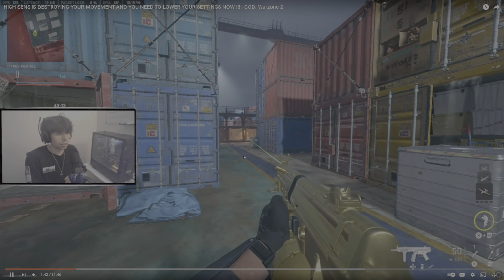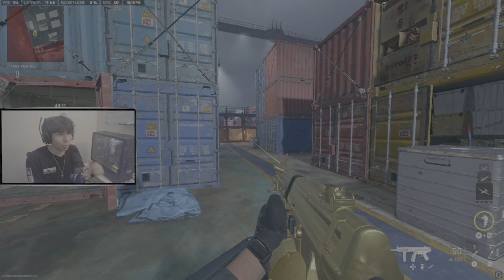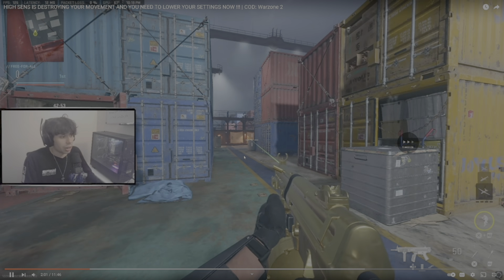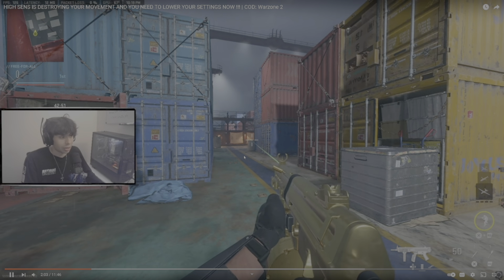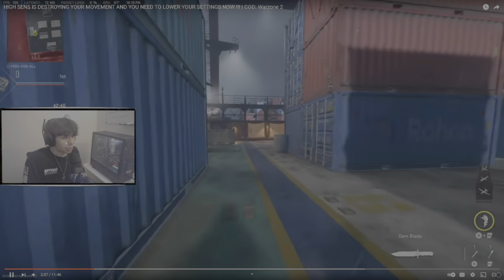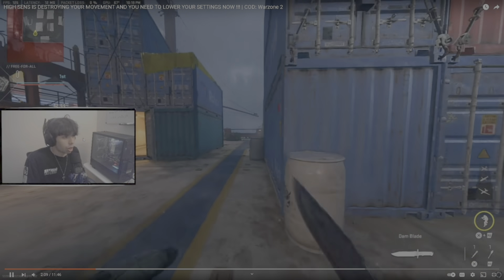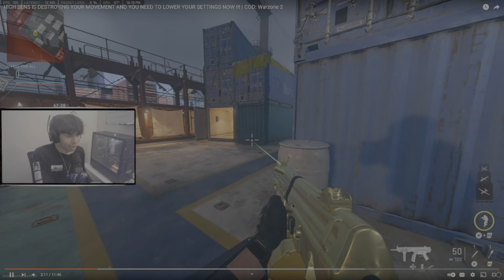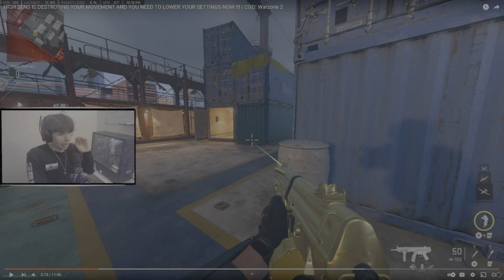Understand too that you're human. Your character doesn't move faster. He's not running faster if you're on a higher sensitivity. It's the same exact sprinting speed as if you're on a lower one. And when it comes to turning corners too, what he said right there is 100% true. Sensitivity is not going to make you get into a position quicker or gain information quicker.